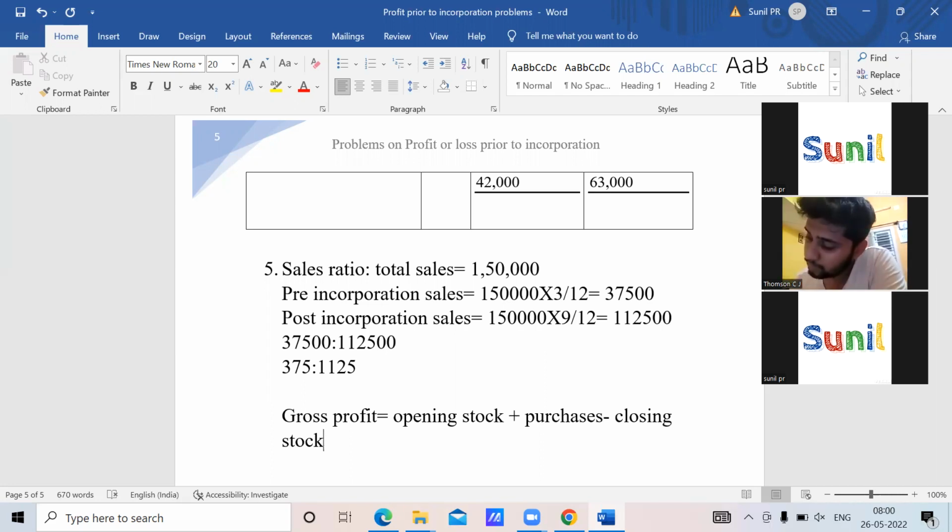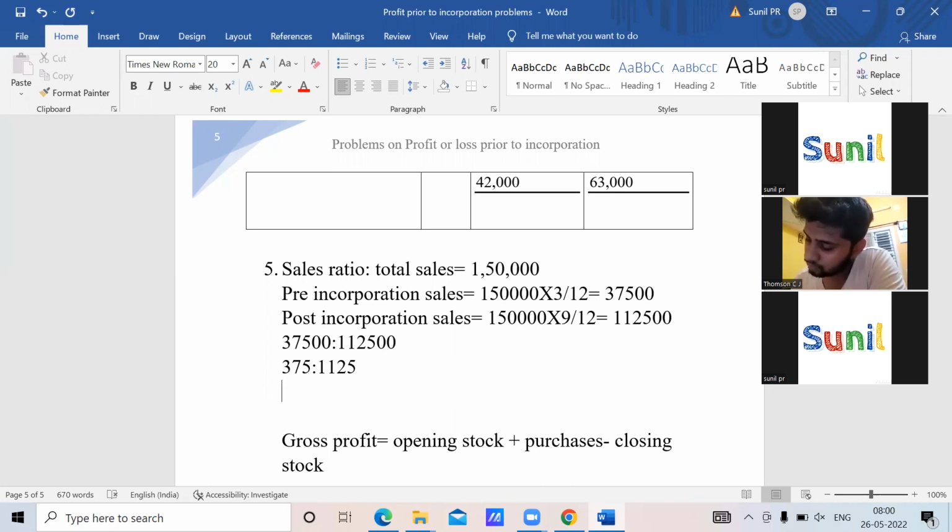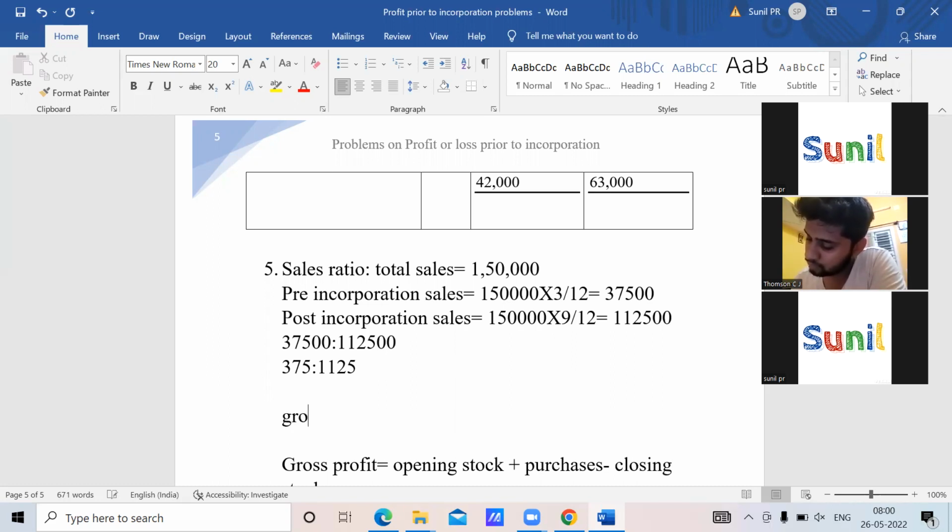So that will be called cost of goods sold. Okay, so gross profit is equal to, see, one second, I'll just write it down. You can just make a note of this formula. Gross profit is equal to sales minus cost of goods sold.